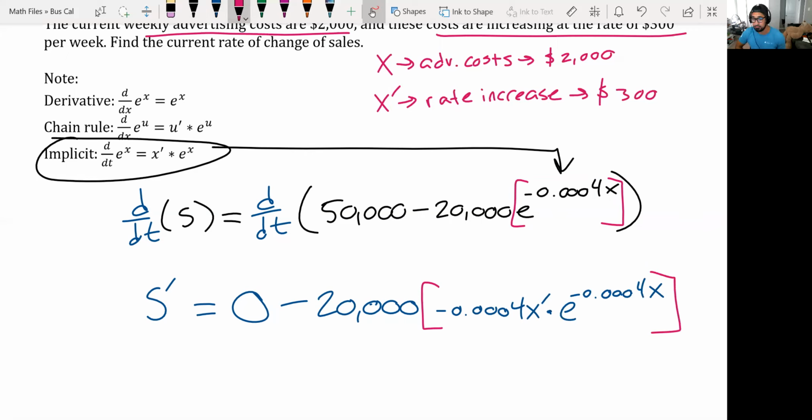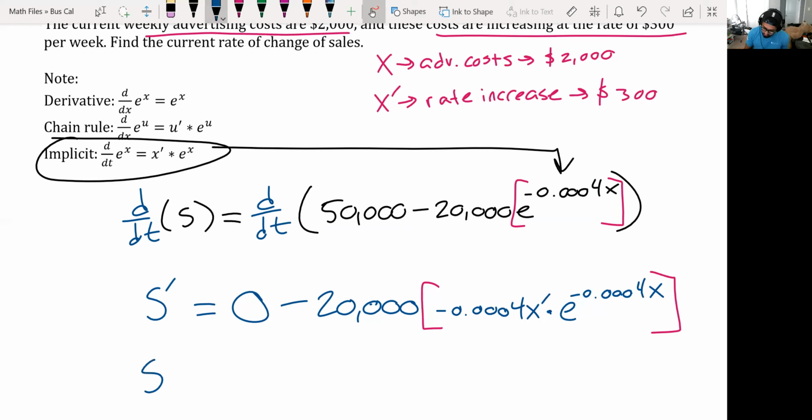That's it. That's following that exact property. So it's the implicit derivative of 0.0004x with respect to time, which becomes negative 0.0004x prime times the original function that's there. And now all we have to do is clean up.